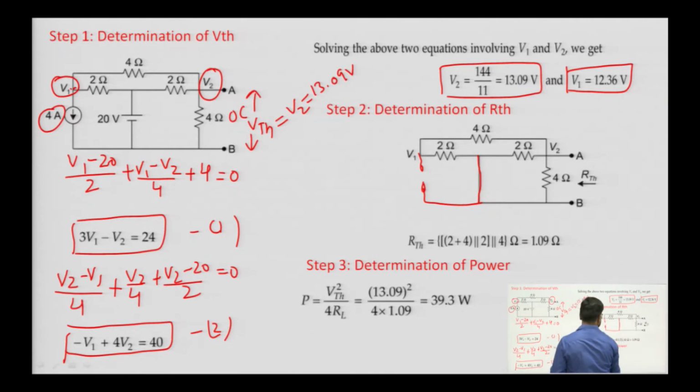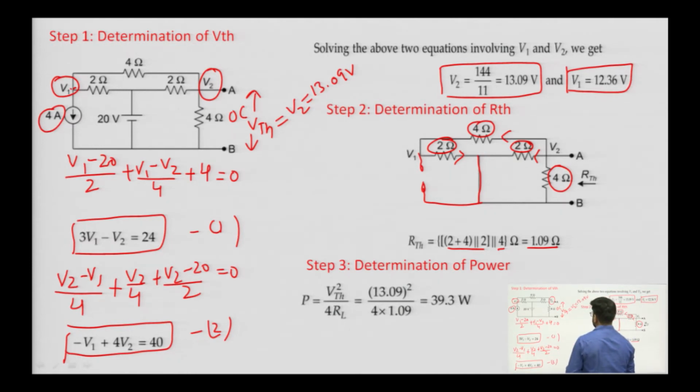So, RTH will be equal to 2 plus 4, in parallel with this 2 ohm, and the whole will be in parallel with this 4 ohm. So, we will get the value of RTH after solving this as 1.09 ohm. Now, we have got the value of RTH.